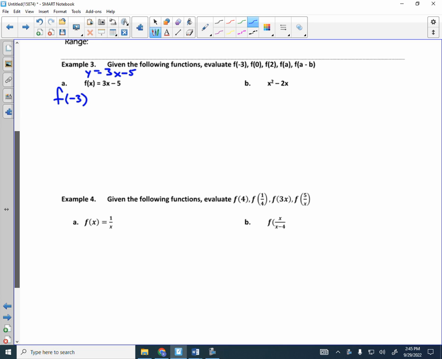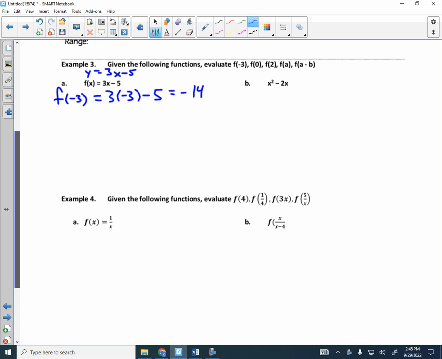If you notice, I just put a -3 wherever the x is. So I have 3 times -3, and I subtract 5. What is 3 times -3? Minus 5? -14. Okay?